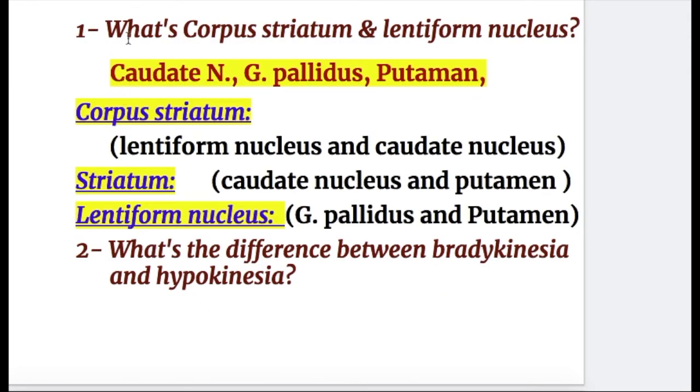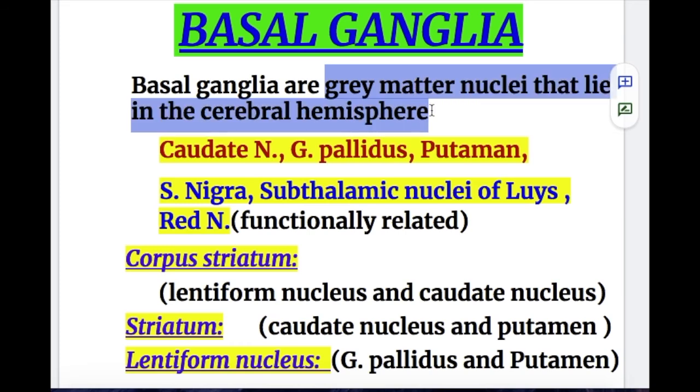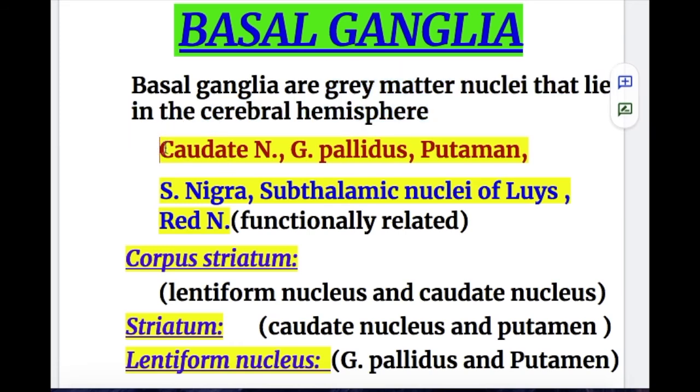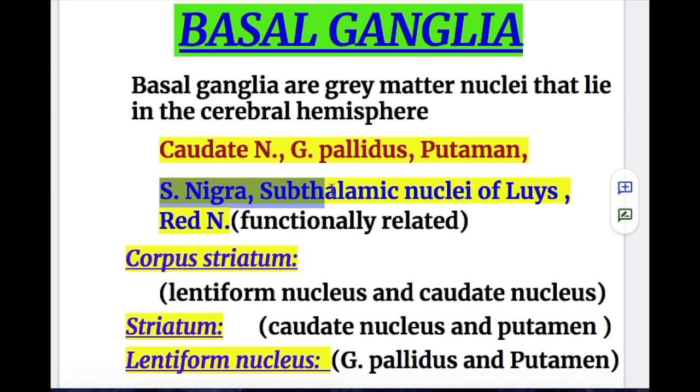Now, answers to the questions. What's corpus striatum and lentiform nucleus? Basal ganglia are gray matter nuclei that lie in the cerebral hemisphere, and they include caudate nucleus, globus pallidus, and putamen. The other group is Substantia nigra, subthalamic nucleus of Luys, and red nucleus.